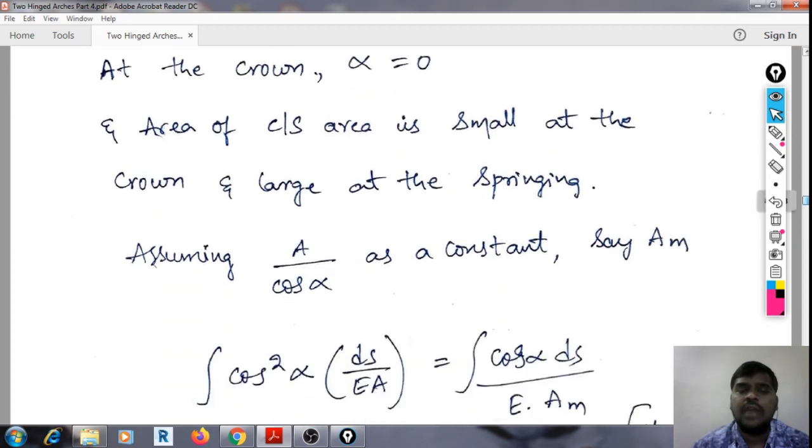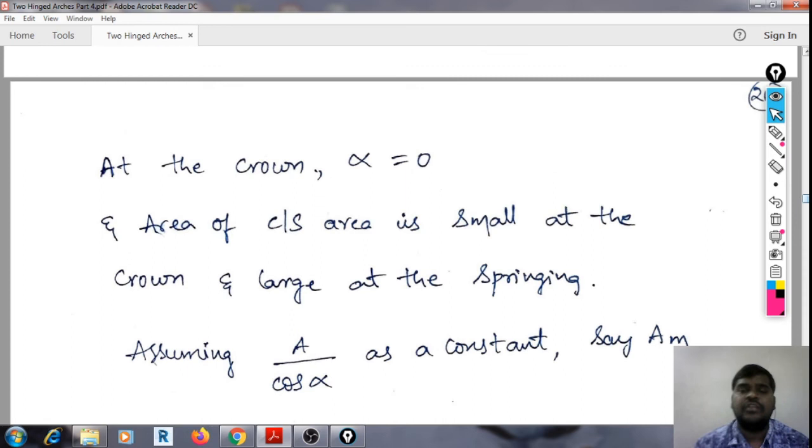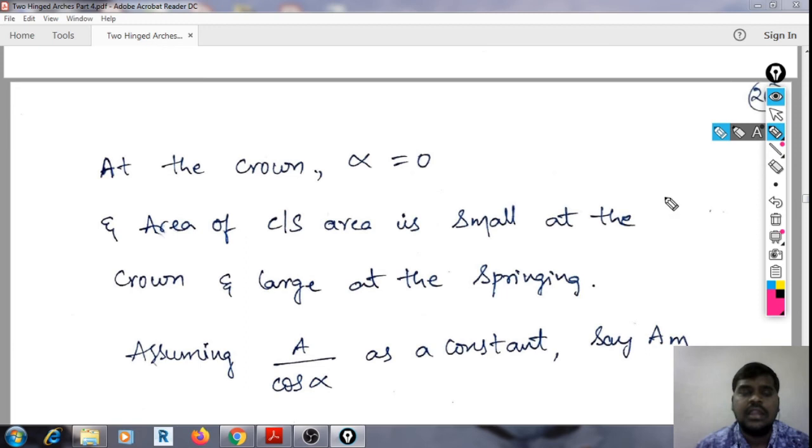So at the crown alpha is equal to 0. If you look at the first arch shown in this video, alpha will be 0 at the crown. The area of cross section is small at the crown and large at the springing. However, we are assuming that the ratio of A and cos alpha is always constant, and it is called Am.